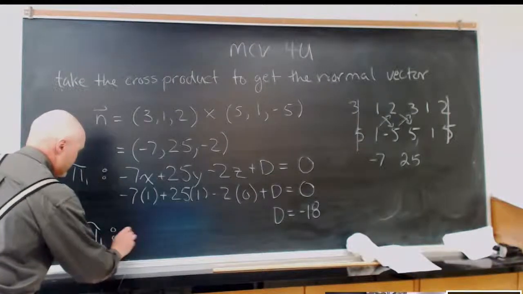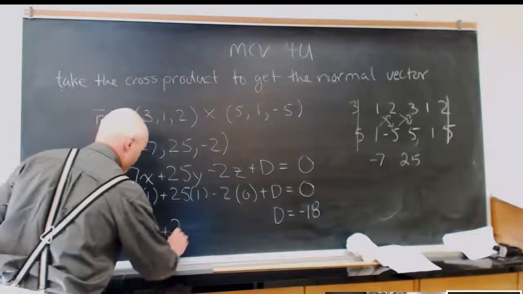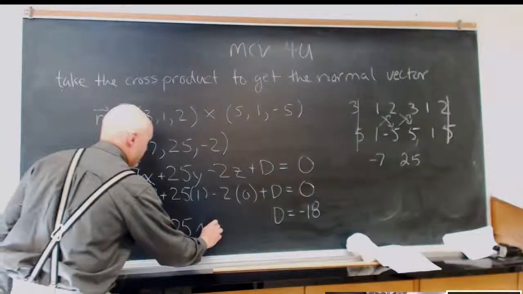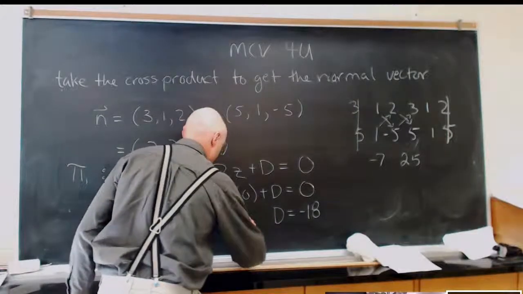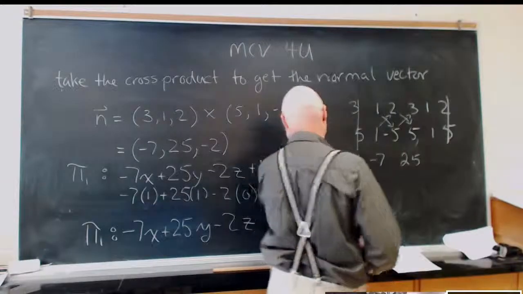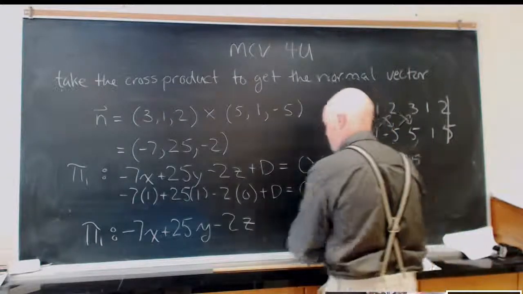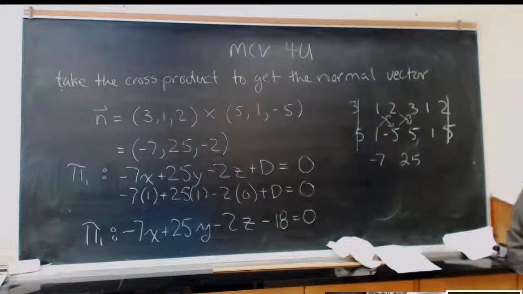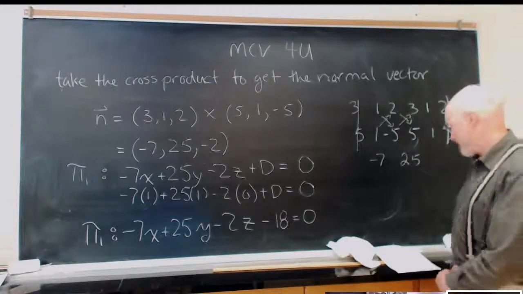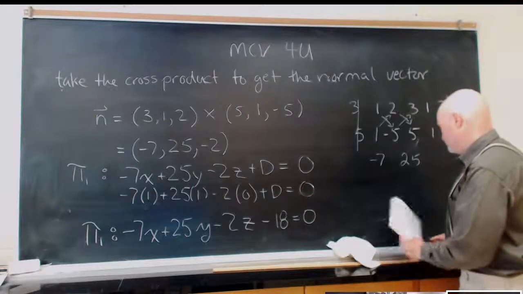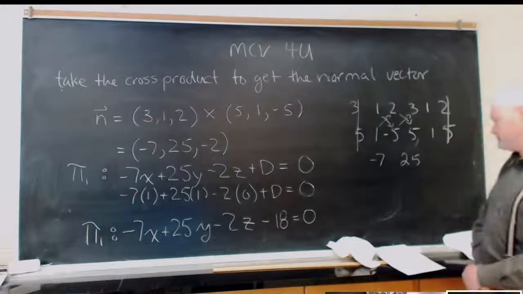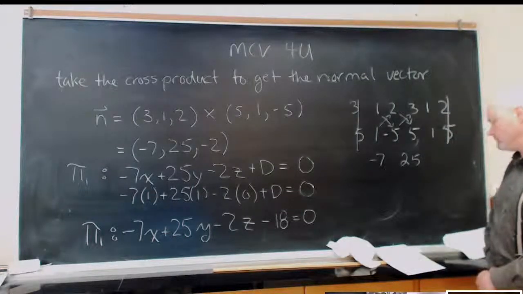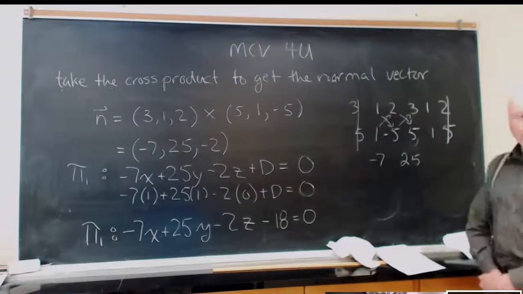So pi 1 is -7x plus 25y plus 2z minus 18 equals 0.